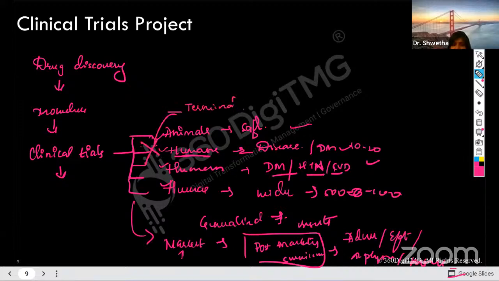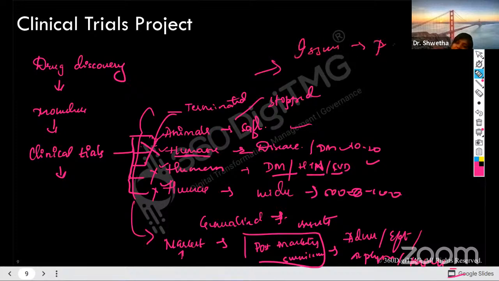The trial would be stopped, and the reason would be stated. In the same way, in any phase, the trial can be terminated if side effects or adverse effects are found in the trials. So, studying these documents and what issue was faced becomes very important for the pharma companies.